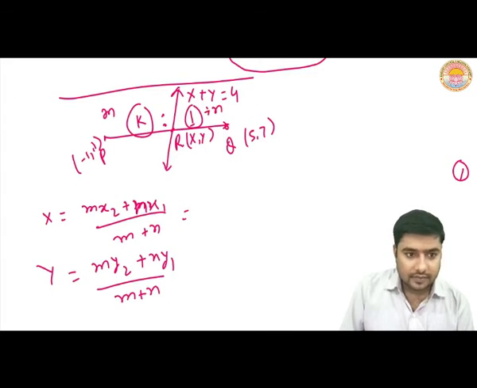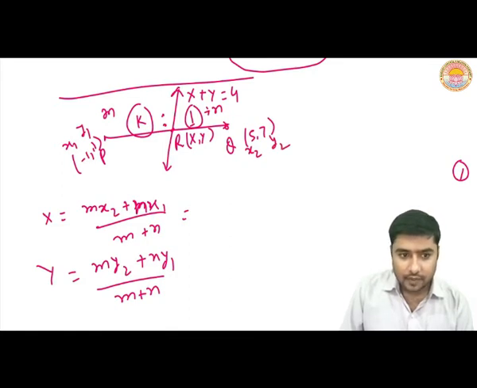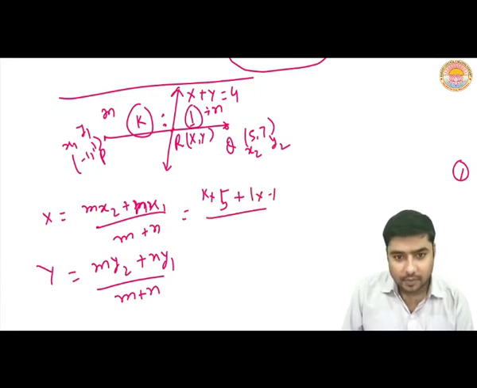These are x1, y1 and x2, y2. Now put the values. m x2 means k into 5, and n x1 means 1 into -1, upon k plus 1.